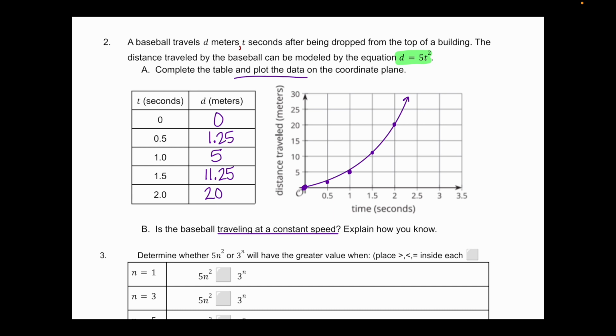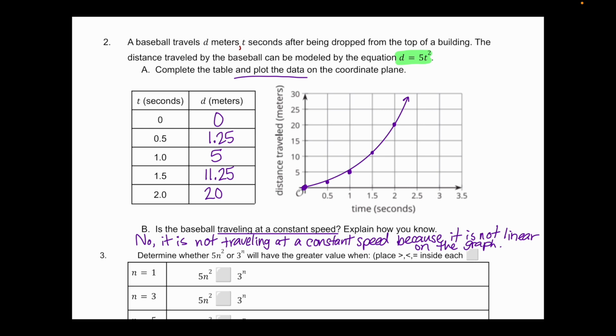So we can say, no, it is not traveling at a constant speed because it is not linear on the graph.